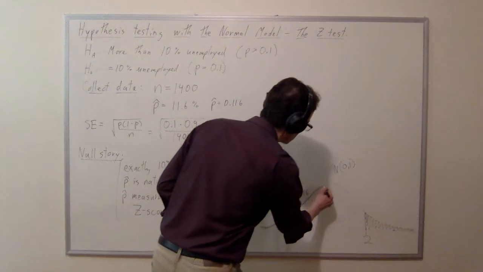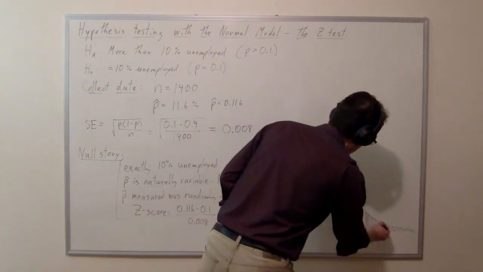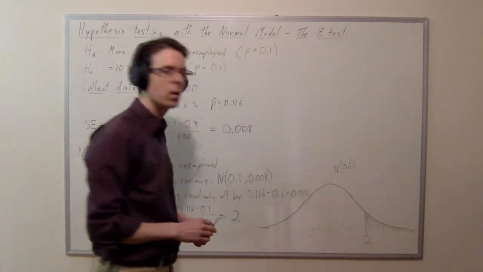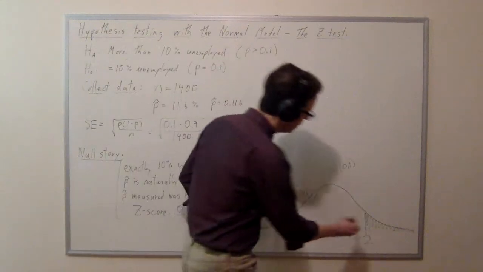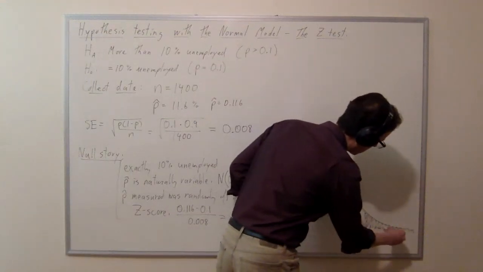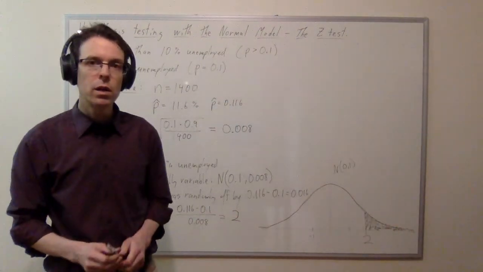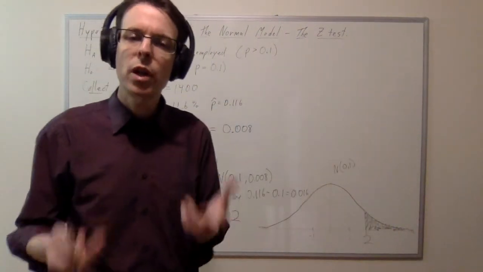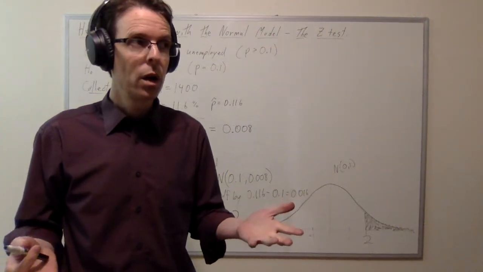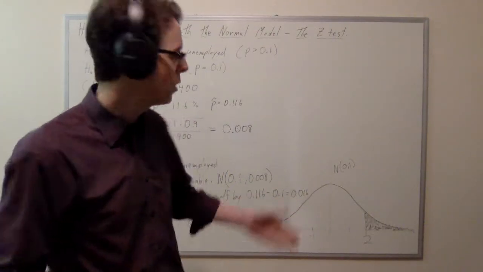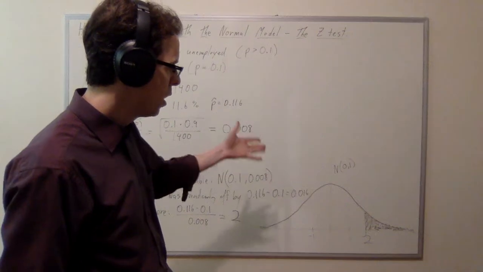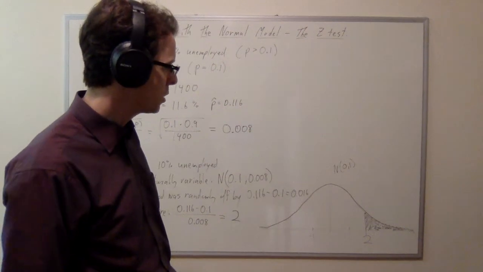The total area on this graph is all the random stuff that could have happened in the null story. And basically, this is what did happen. We got 2 or more. So we got 2 actually. So what we're really asking here is, what are the chances of getting 2 or more just randomly and accidentally? And then the normal distribution will come in, save the day, and answer our question.